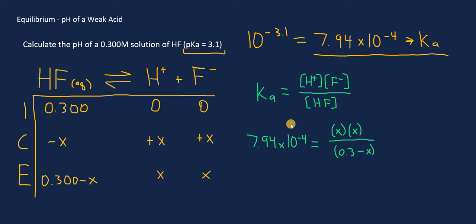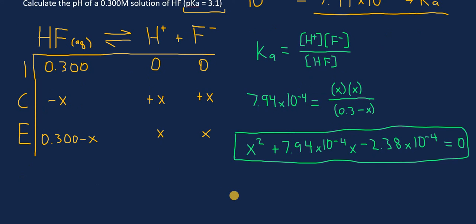So now we need to rearrange this equilibrium expression into the form of a quadratic equation. So watch the previous video on equilibrium with quadratics to go through the algebra of how to rearrange this into quadratic form. I'm just going to go ahead and skip to the final form of this equation.